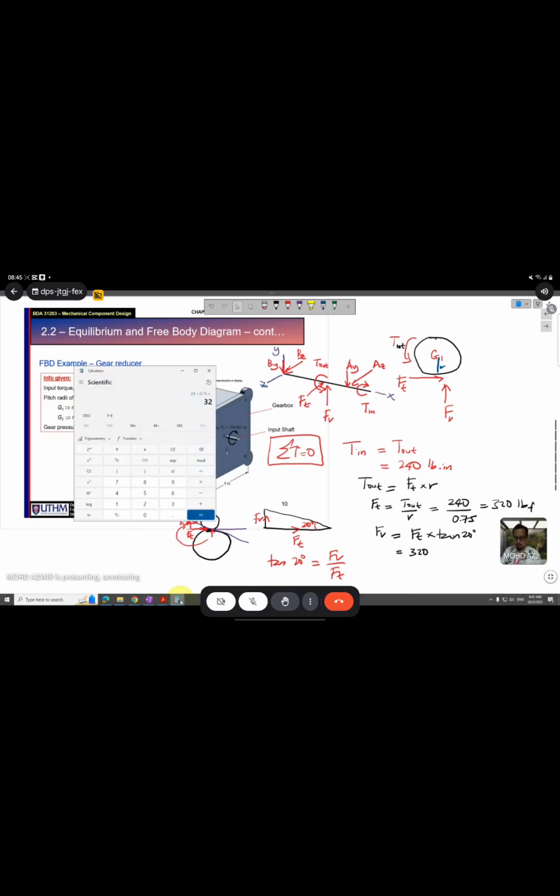Then Fr is equal to Ft, which is 320, times tangent 20 degrees. Ft is 320. 20 degrees tangent.